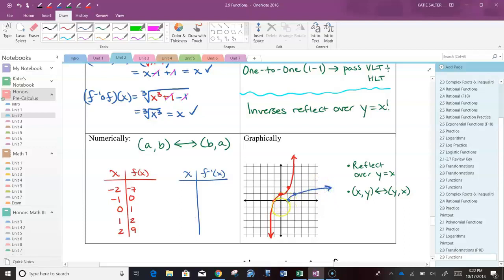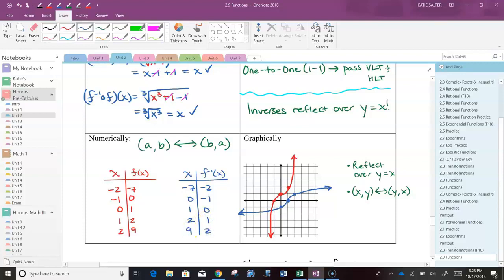Or we go back 1, down 1, back 8, down 2. And so if we write down some of those points on our inverse function, we have the points (-7, -2), (0, -1), (1, 0), (2, 1), (9, 2).